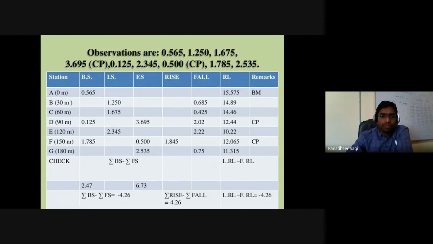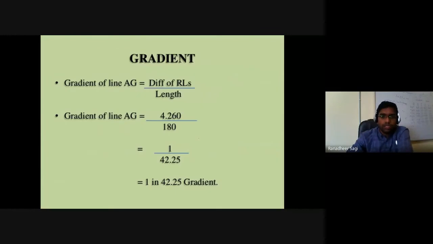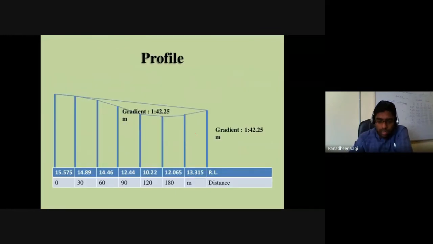I might have confused you with some checks here and there, so don't worry about it. Some mistakes are there in this slide. This is 150 meters. This is 180 meters. And this value is not 13.315, it is 7.32. This is how it was supposed to be exactly, and you'll be getting the values correctly then.